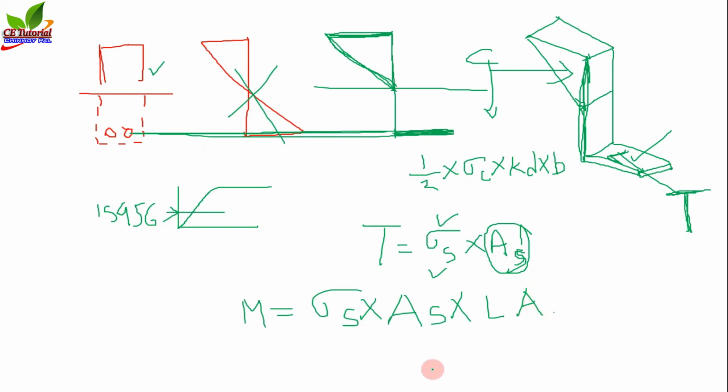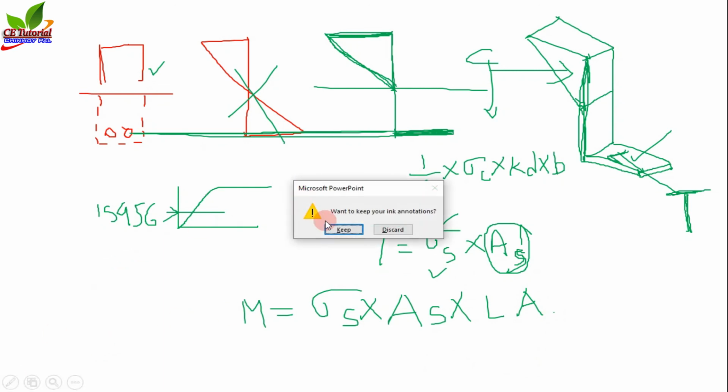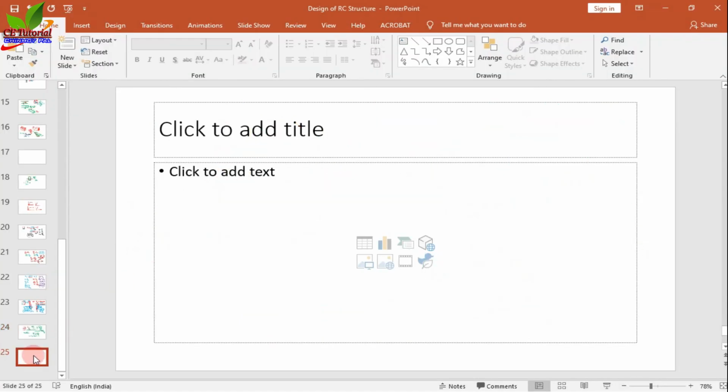Okay, now please keep in mind one thing. This is the last slide, and we always denote the stress of concrete by sigma CBC in the working stress method.